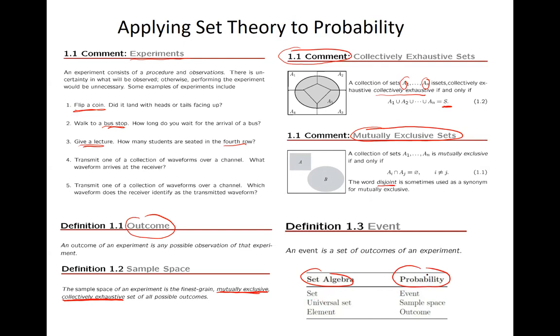In set algebra, we use set. In probability, we use event. We have universal set in set algebra, while in probability we have sample space. Elements are the smallest components in a set, while outcomes are simply the observations of the experiment, so the elements of the sample space.